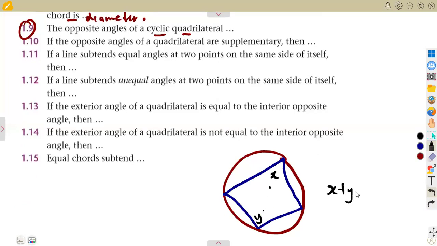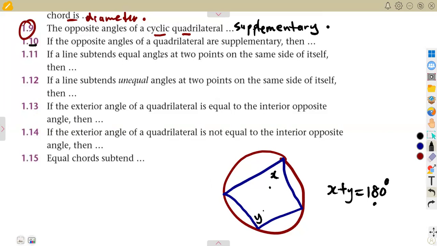X plus y is equal to 180 degrees. Two angles which add up to 180 degrees are referred to as supplementary angles. So they are supplementary. That is the concept there.